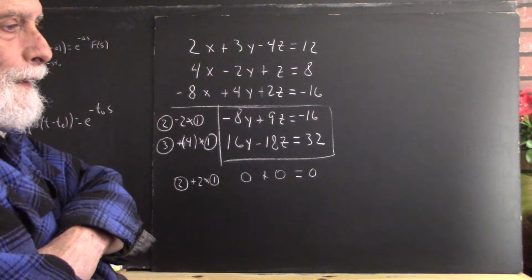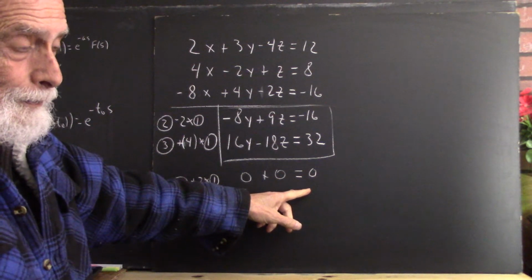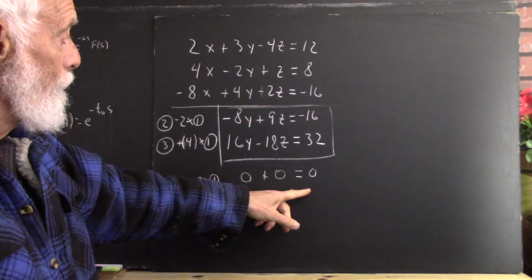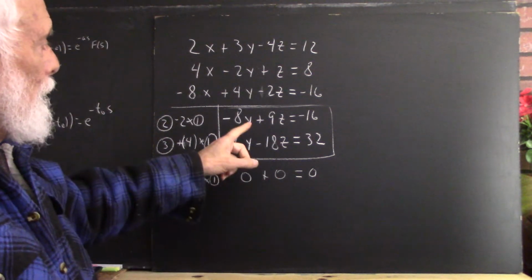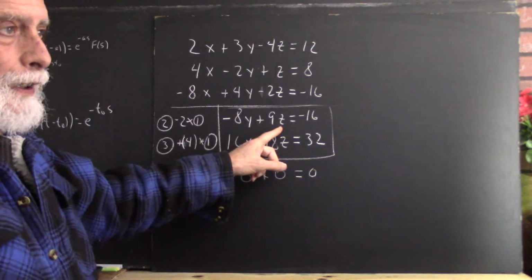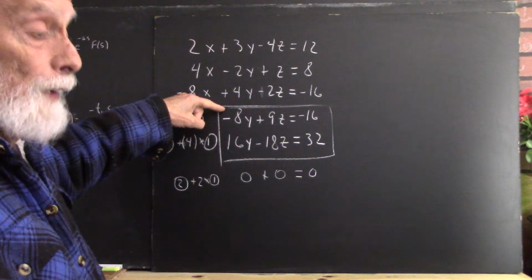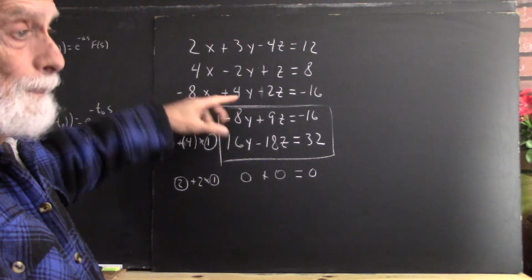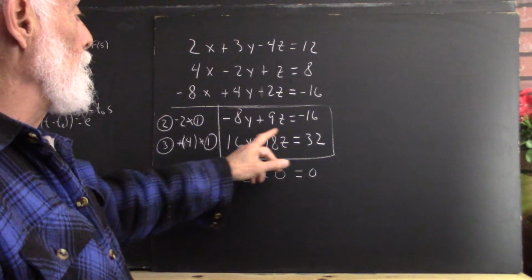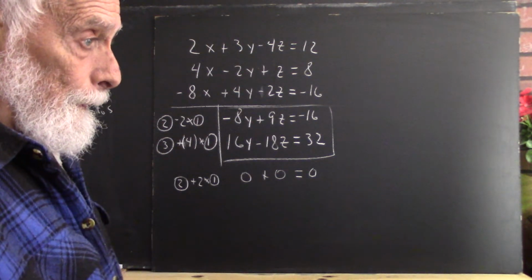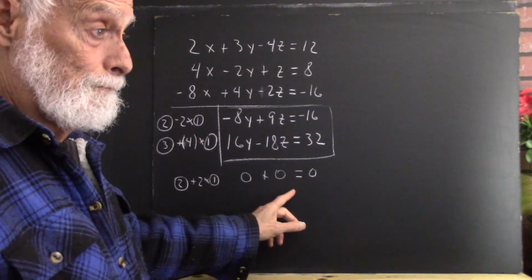Well, that doesn't mean that there's no solution. But that does mean that any pair of y and z that satisfy this equation is a solution, is a possible solution to the system, okay? Or is a possible solution for y and z, okay? This is true.